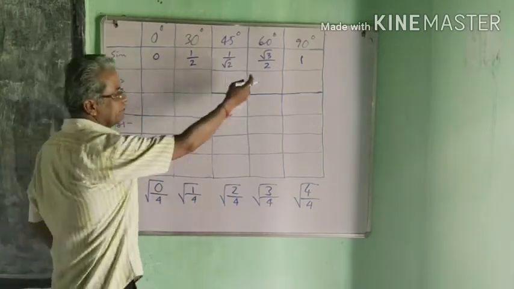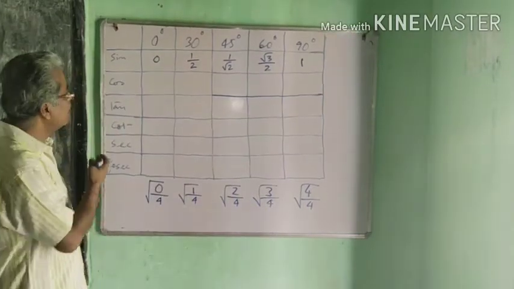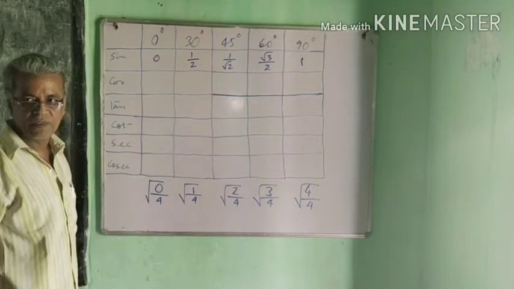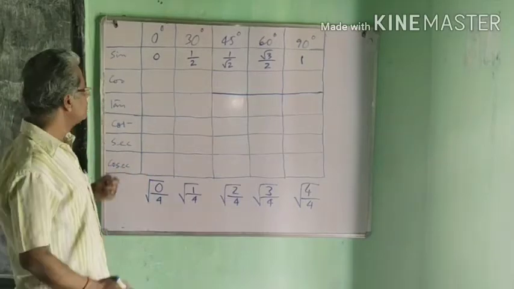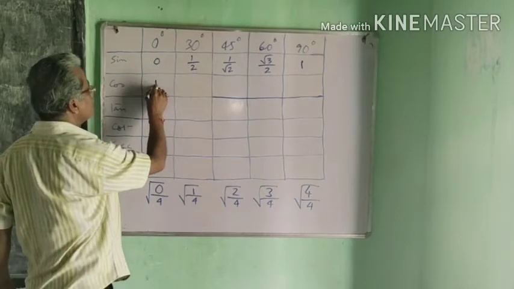If we write the values of sine in the opposite direction, we get the values of cos. So sine 90 degree will be cos 0 degree.